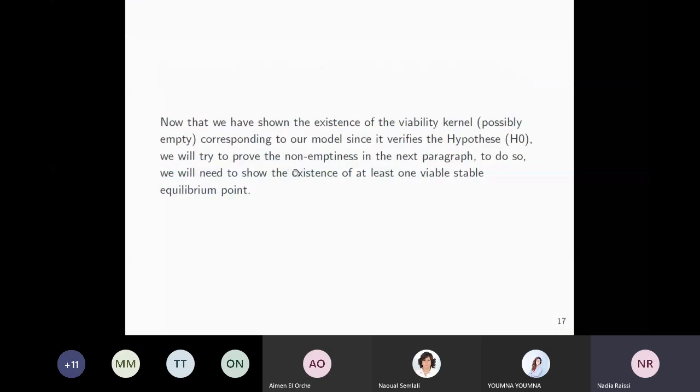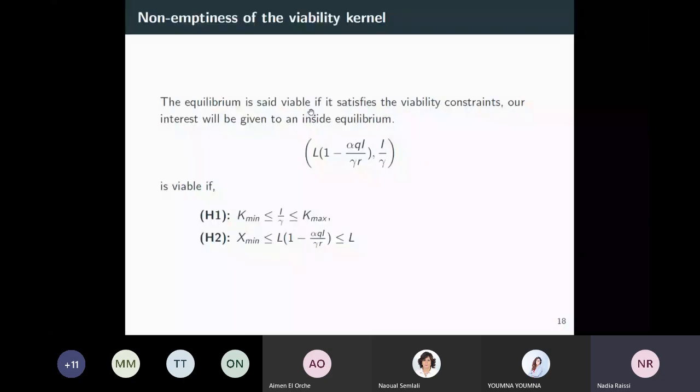So this is one of the interior equilibria we can choose. And it is viable if it's inside that set of constraints on the state, meaning that the second variable, which depends on K star, should be between K minimum and K max. Also, the first variable, which is the biological variable, should always be superior to X minimum in L. This will give us some new bounds on the control variable, because you see that there's control on these two in this equilibrium.